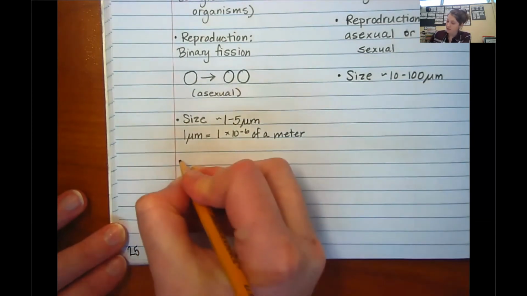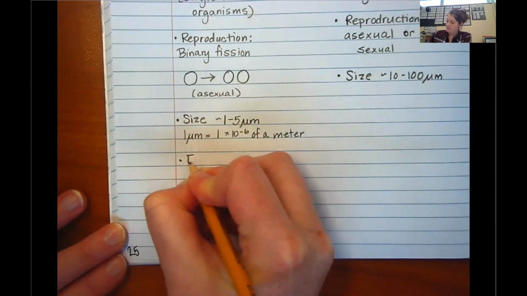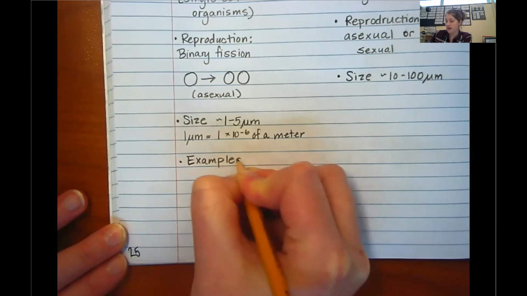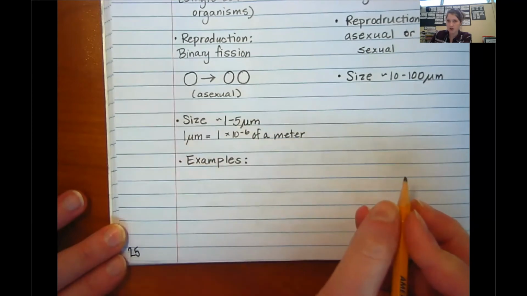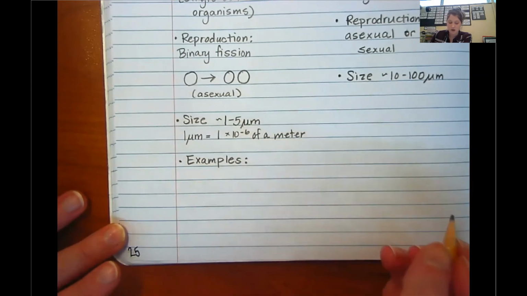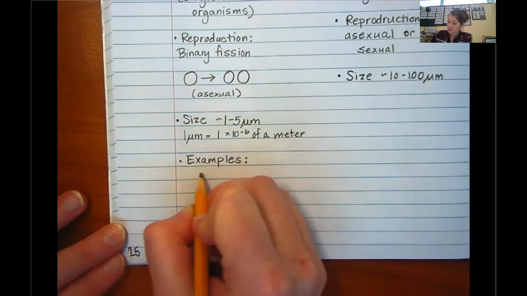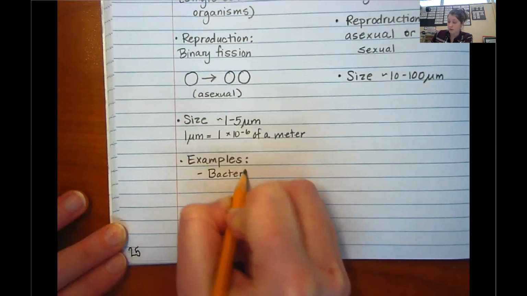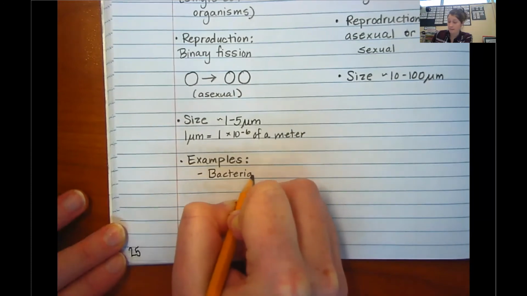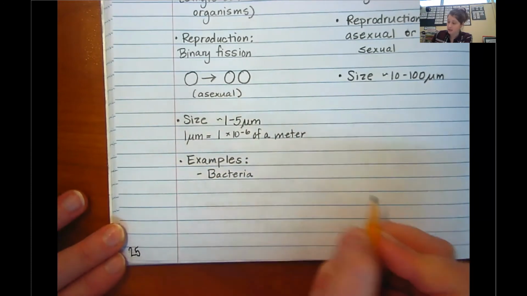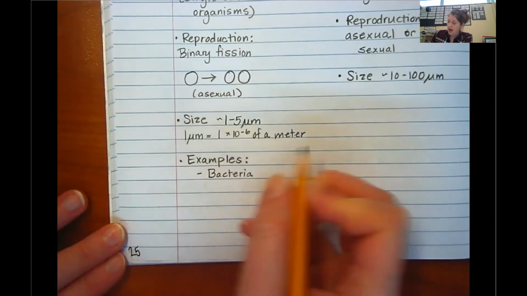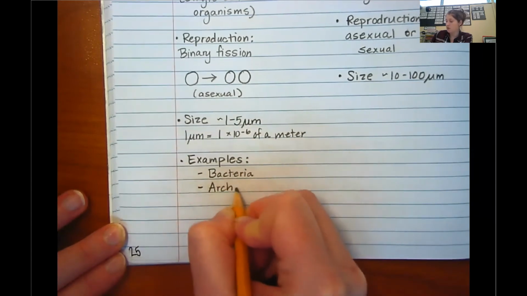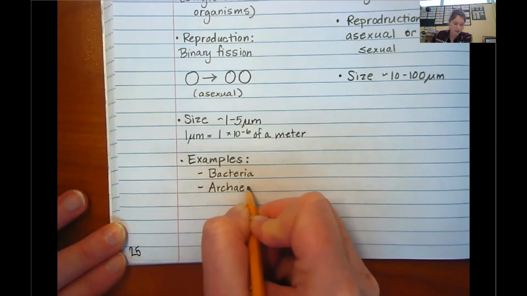Let's do some examples first. There are two predominant types that all prokaryotes fit into: bacteria, which, as you probably know, come in thousands, millions of varieties, and then archaea, which are usually more like extremophiles.